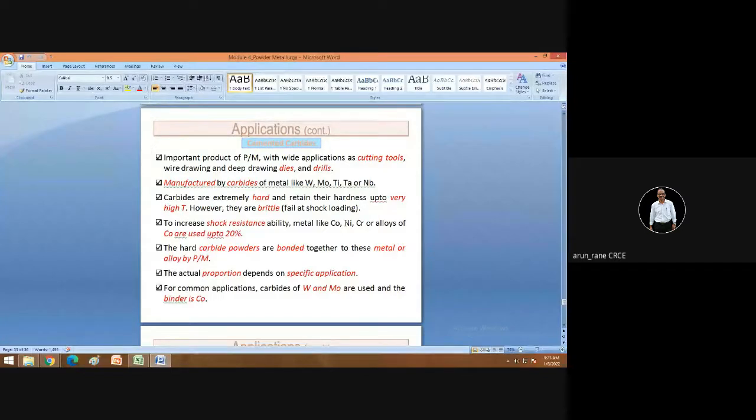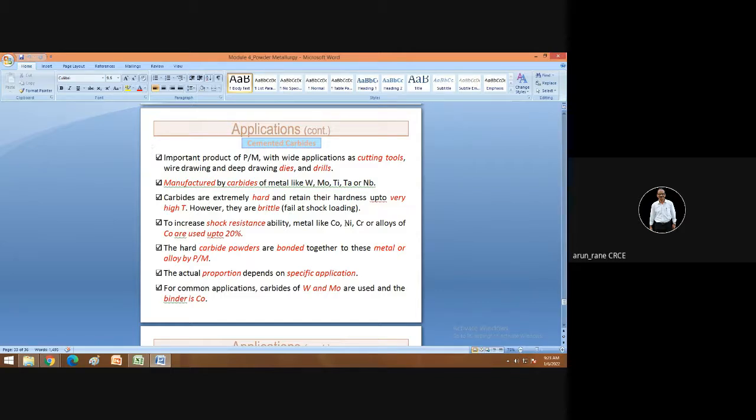Another popular application of powder metallurgy is in manufacturing of cutting tools. All the inserts what you see which are used on CNC lathes and CNC millings, those carbide inserts you must have seen. Those inserts are manufactured only by compacting and sintering process, only by powder metallurgy process.